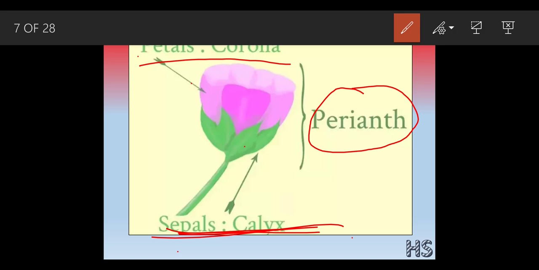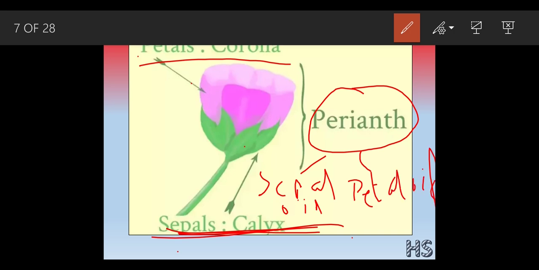The perianth can be considered into two types. One would be sepaloid and the other would be called petaloid. Petaloid. Okay. The perianth can be of two types.